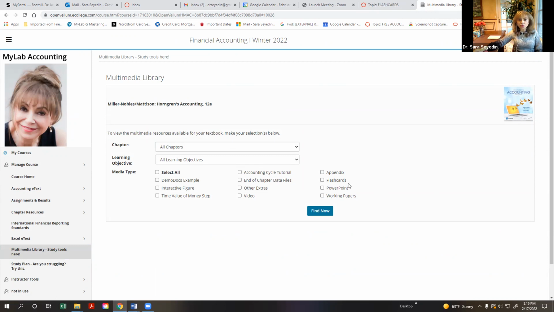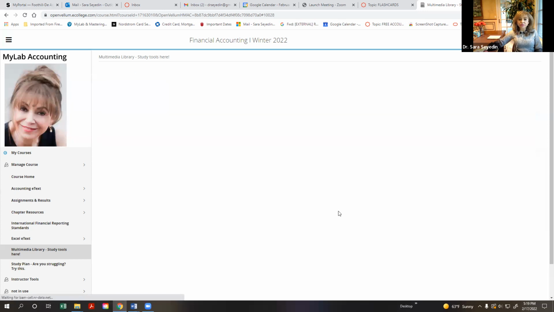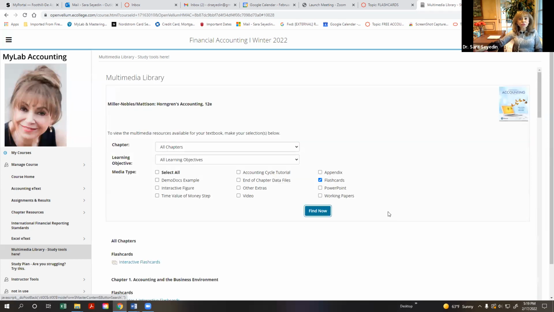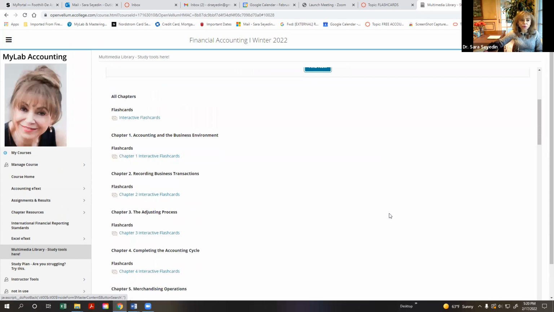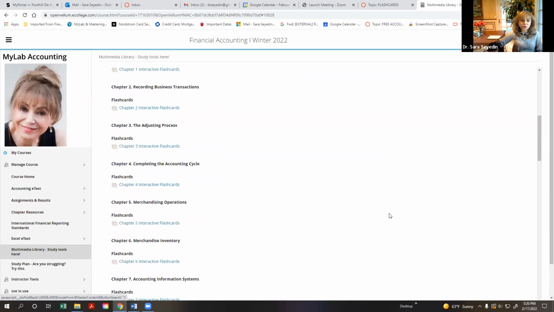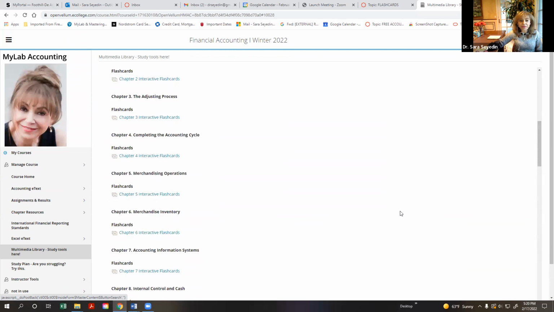The one that I want you to look at is flashcards. So click on that box to load the flashcards. I'm going to say find now. Once you click on find now, it seems as if nothing has happened. Scroll down, everyone. Scroll down until you see the flashcards for chapter 4, chapter 5, chapter 6.